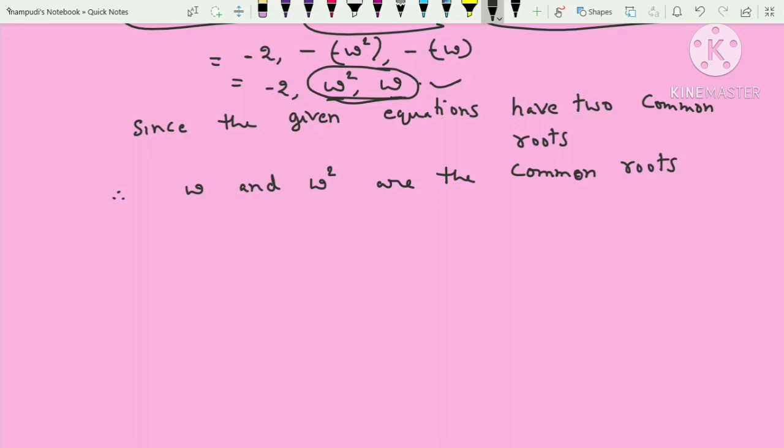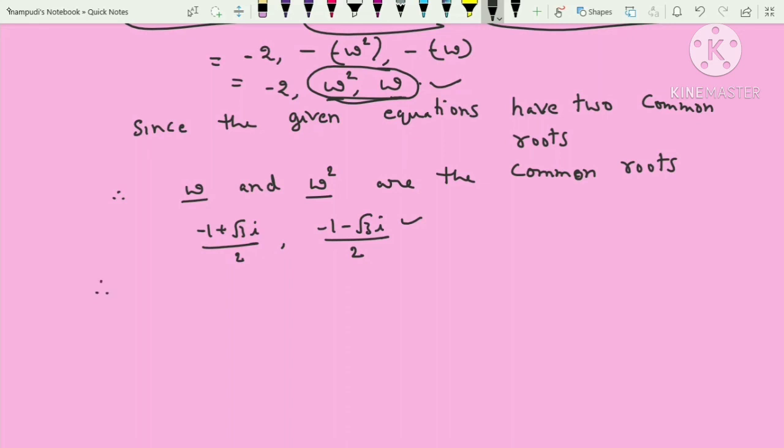Omega is minus 1 plus root 3i by 2, and omega square is minus 1 minus root 3i by 2. If one is a root, the other is also automatically a root of the equation. So these are common roots.